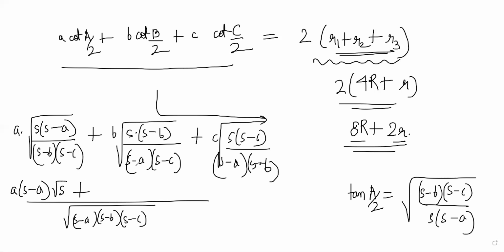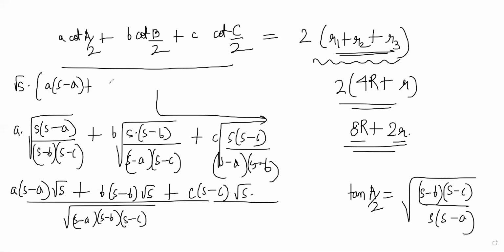Similarly B into (S minus B), and C into (S minus C), with root S left. So root S is common and you get A(S minus A) plus B(S minus B) plus C(S minus C), divided by root of this.